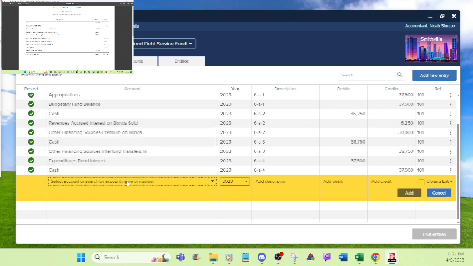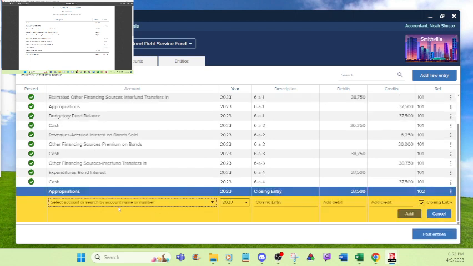Estimated revenues. Appropriations. Appropriations. 37,500. Estimated revenues.